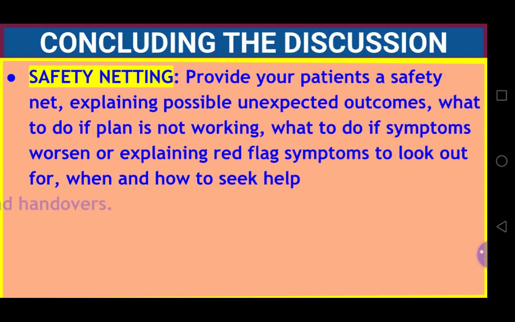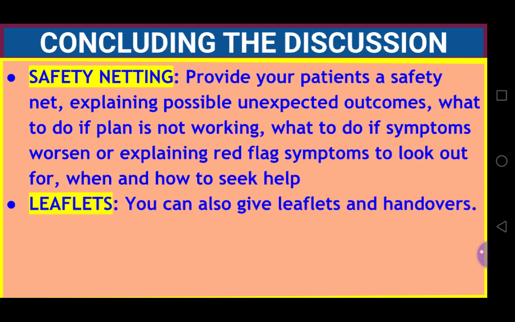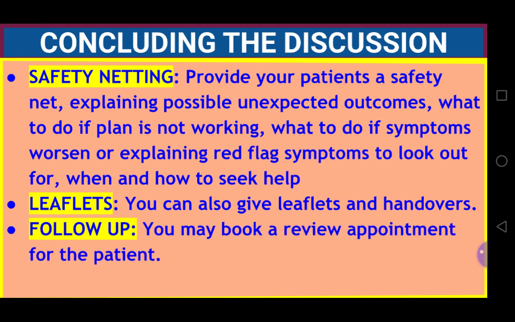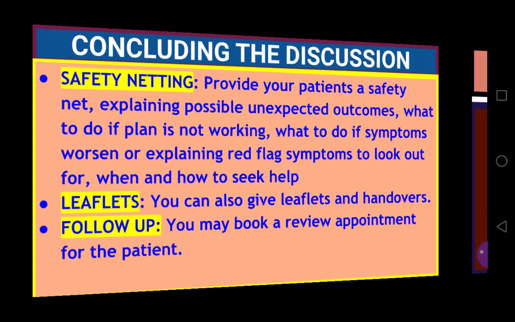Safety netting is very, very important. You can also give leaflets and handouts to your patient, and follow up. You may book a review appointment for the patient. So this is how an effective management plan can be made, discussed, and you can get high marks in the management skill criteria.